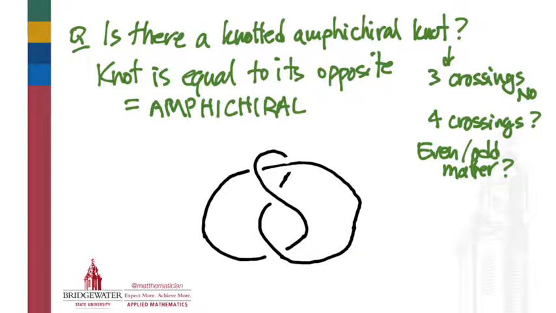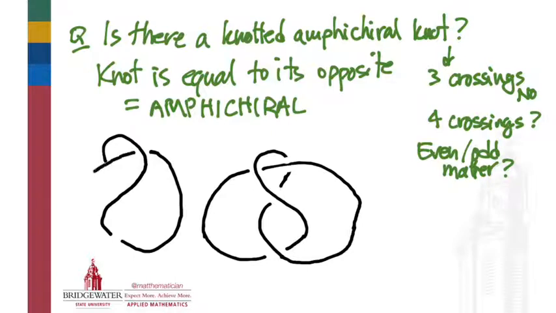Question is, is it the only one of its kind? If we flip it, if we take its opposite, do we get the same knot, or do we get a different knot? So the opposite would look like, this would become an over, and an over, and an under, and then that, and that.